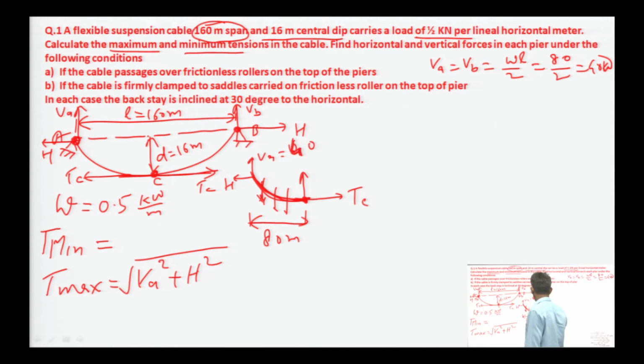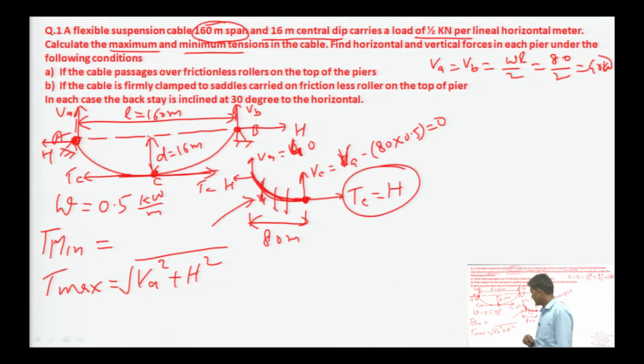So, V A is 40, and the vertical load, total load, will be 0.5 into 80. So, the vertical reaction component at point C will be V A minus 80 into 0.5, that is 40 minus 40, so that component will be 0. From the equilibrium equation sigma F x equal to 0, you will get the value of T C as H. After comparing this value with this equation, what is the conclusion?